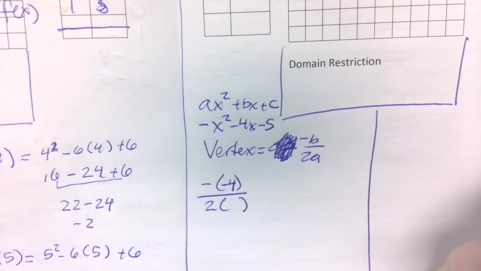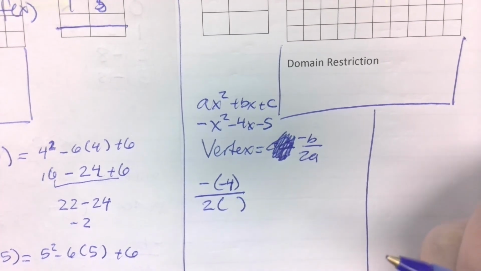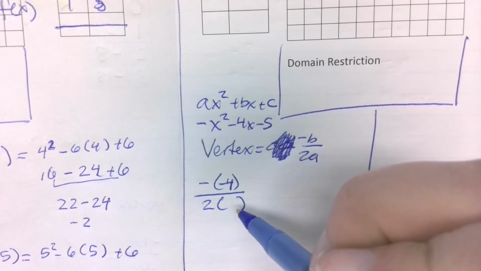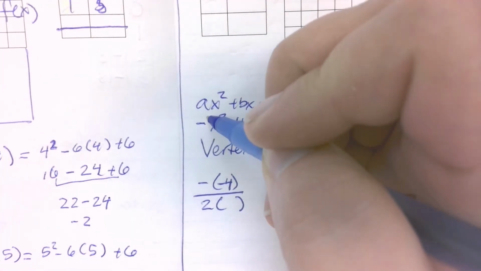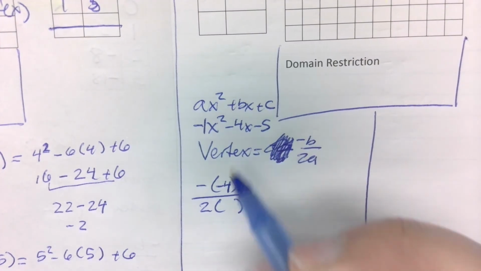Yup. Jacob, what's my A? One, negative one. Yep.